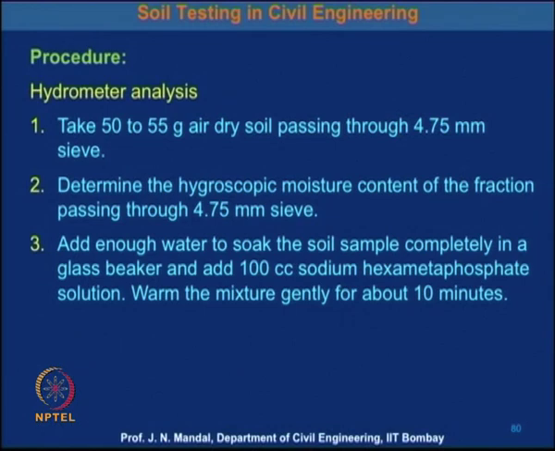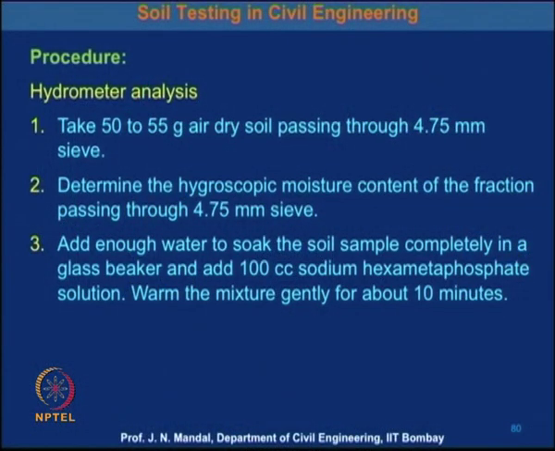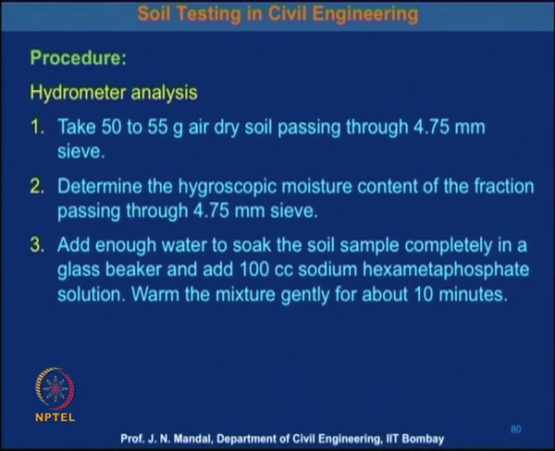So, the procedure for the hydrometer analysis: first of all you have to take about 50 to 55 gram of air dry soil passing through a 4.75 millimeter sieve. Then determine the hygroscopic moisture content of the fraction passing through the 4.75 millimeter sieve.